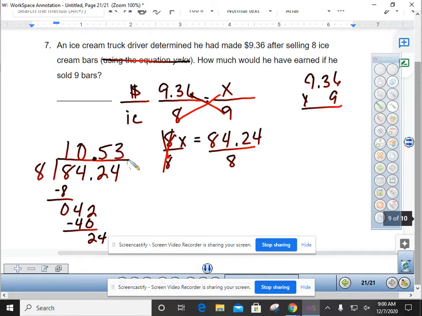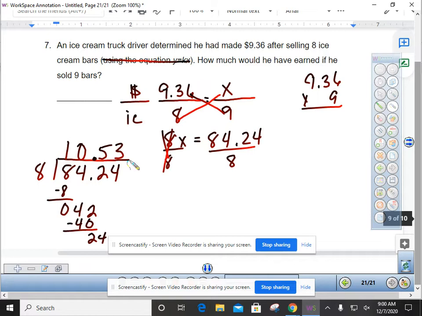Is there any other way to do that? I was going to say I got it wrong because I got $10.40. I got $10.40 because I used K equals Y over X instead. Yeah, but what did you use for Y and X? I used $9.36 for the Y, and for the X, I used the 9.